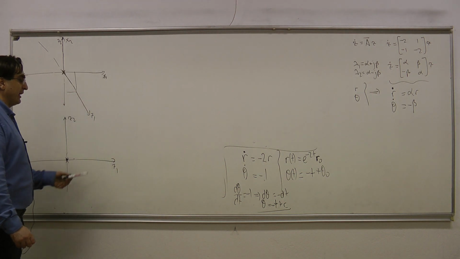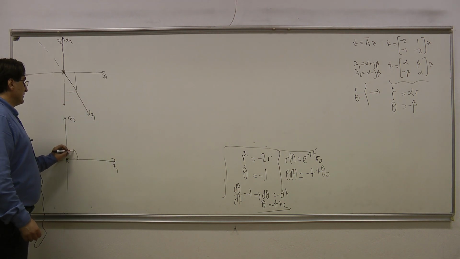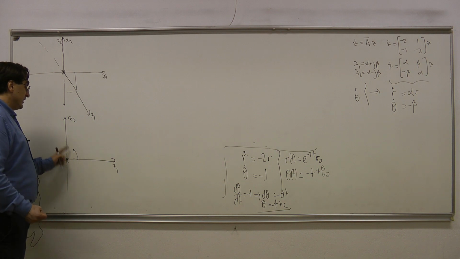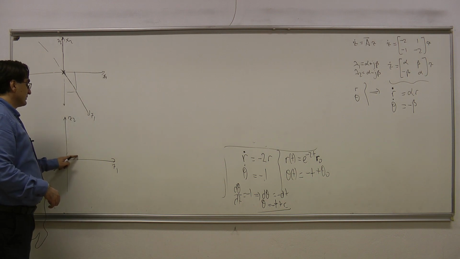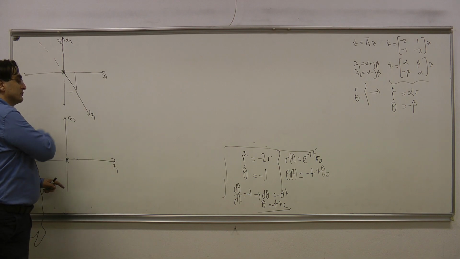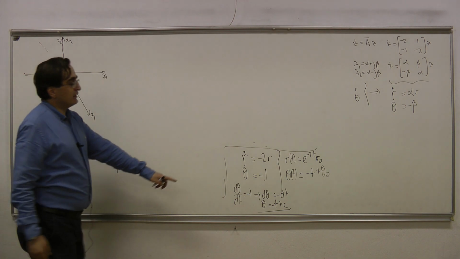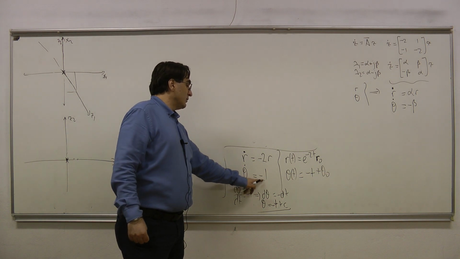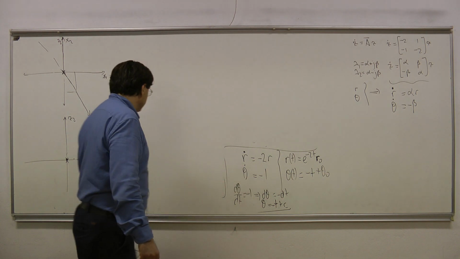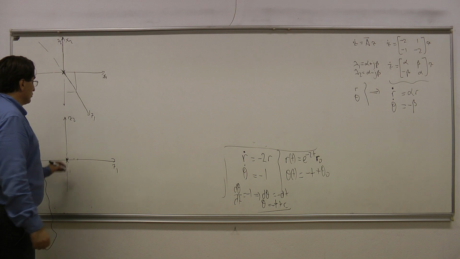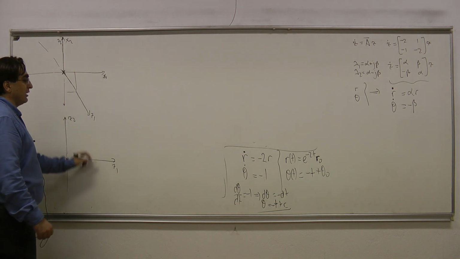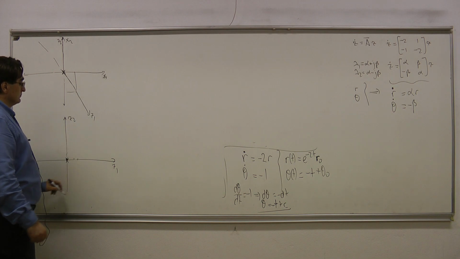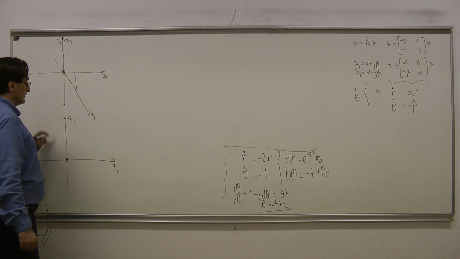In the state space, positive theta dot means counterclockwise rotation. And I see here that the angular velocity is negative. That means a clockwise rotation. So the angle of the state would be rotating with constant angular velocity.